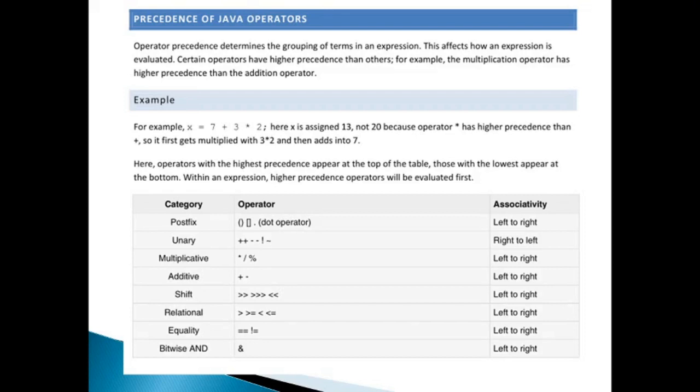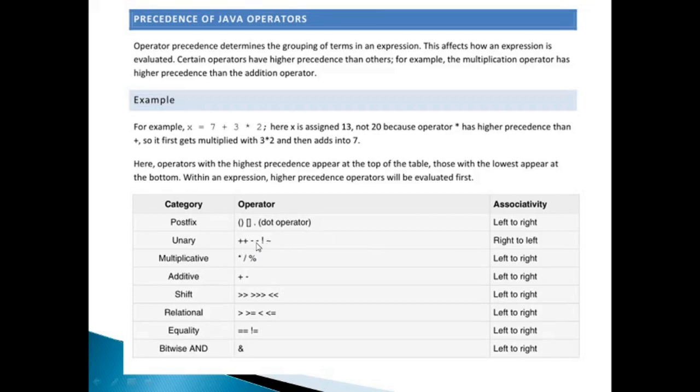Suppose there are two plus operators used in a particular expression; then we follow left to right in order to evaluate our expression. So the parentheses and square brackets follow the left to right associativity rule.